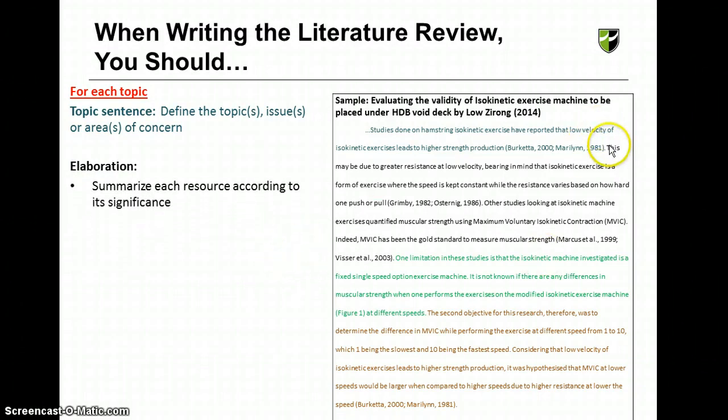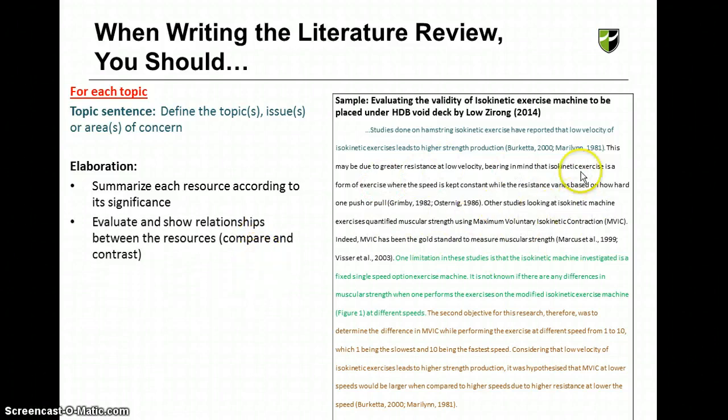You have done all your readings, you should state the key findings of the readings in your elaboration. Where possible, show the relationship between the resources. Sometimes they contradict each other, sometimes they complement each other. And that demonstrates critical thinking.